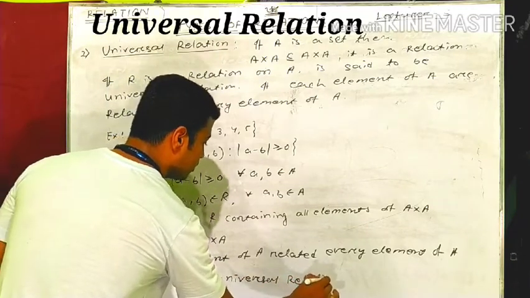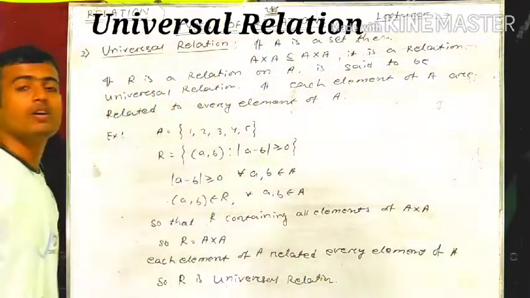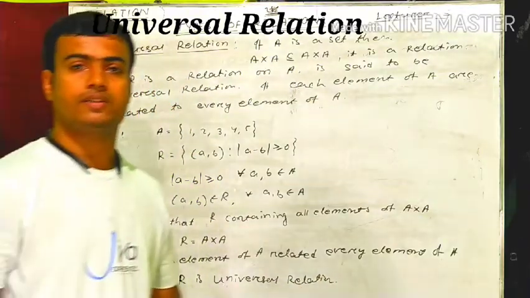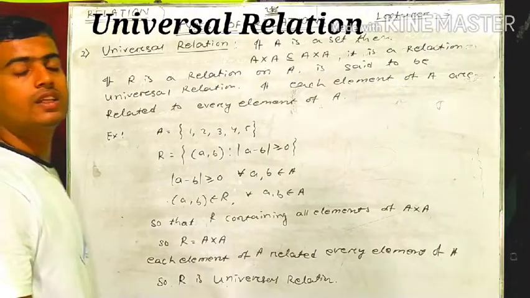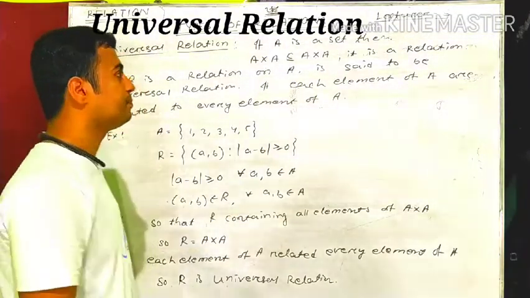This relation is called the largest relation on a set. Void relation is the smallest relation and universal relation is the largest relation on a set.